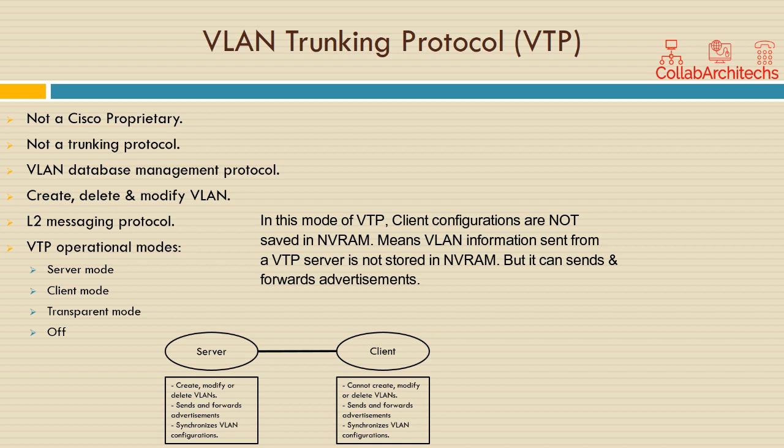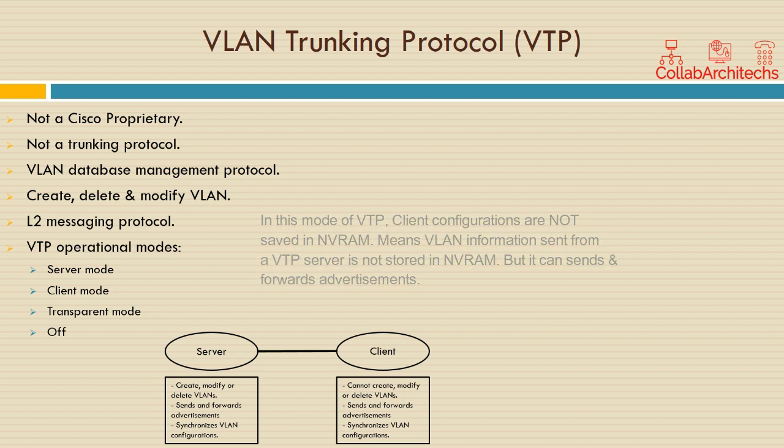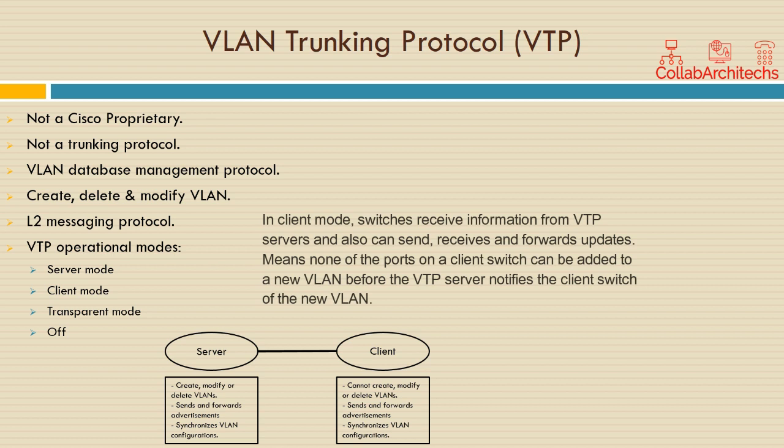VLAN information sent from a VTP server is not stored in NVRAM, but the switch can send and forward advertisements. In client mode, switches receive information from the VTP server and can also send, receive, and forward updates.